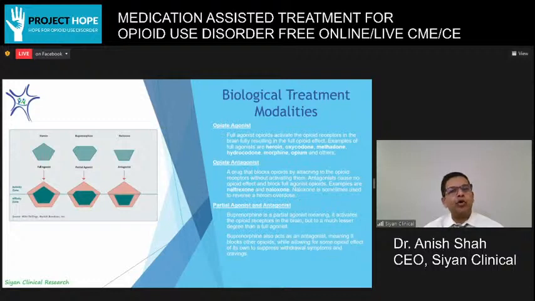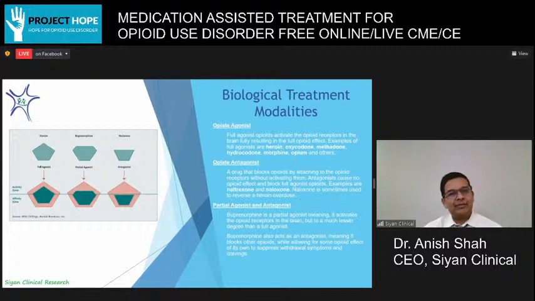Opioid agonists are the medications that activate the opiate receptors in the brain at full capacity, and give you the full opiate effect on all opiate receptors. These medications are heroin, oxycodone, methadone, hydrocodone, morphine, and opium. So these are called opiate agonists, which work fully on all receptors in your brain.